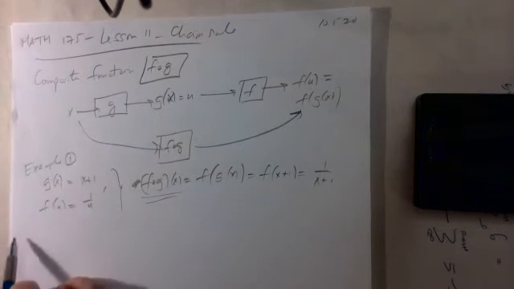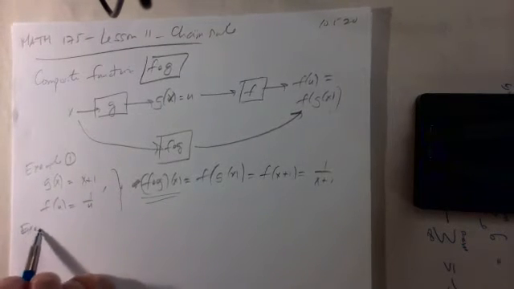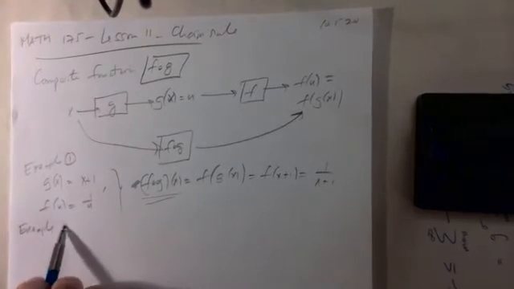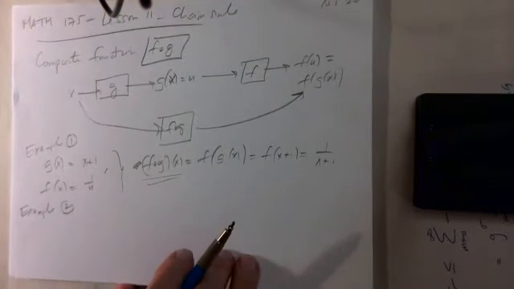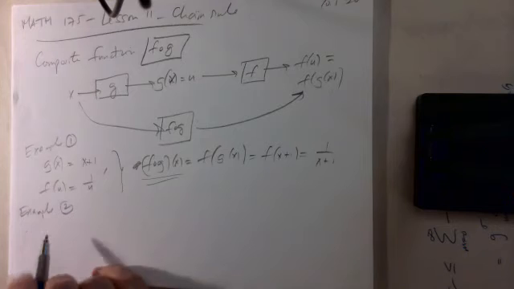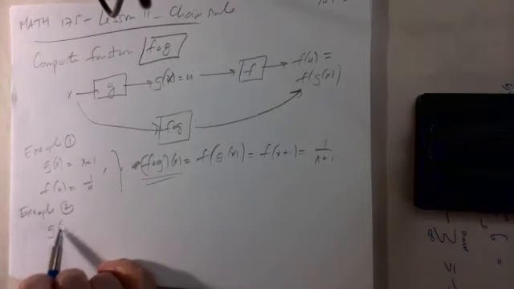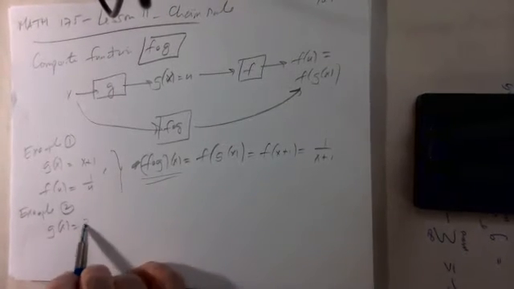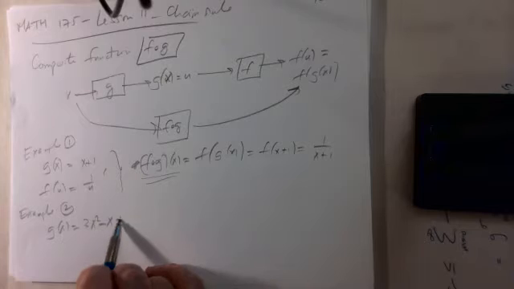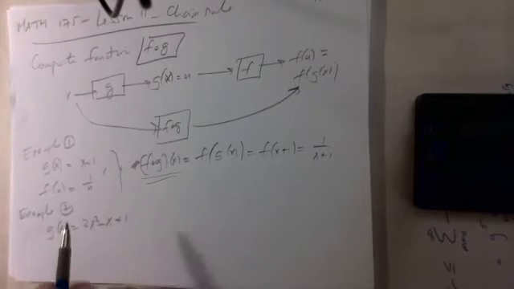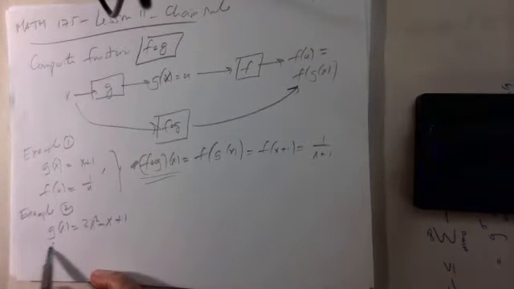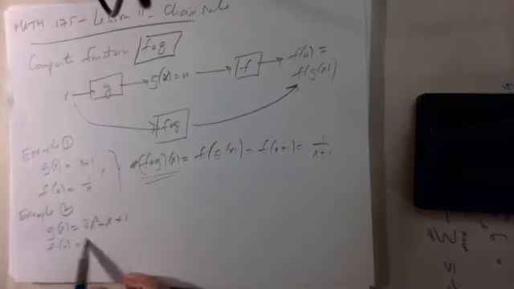Or another example is, suppose we have g of x is 3x squared minus x plus 1. And f of u is the square root of u.